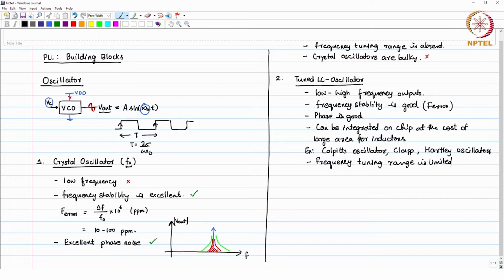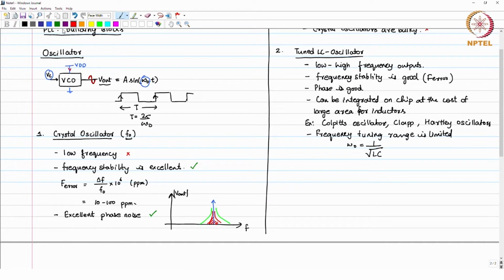Here the frequency tuning range is limited, and the reason is that the frequency at which it is oscillating is roughly equal to 1 over root of L and C. So, how much capacitance you can vary will depend on that, and there will be limitations on that also. You cannot vary the inductor that easily for an LC oscillator. As you see, in comparison to your crystal oscillators, the good part about this is that it can be integrated on chip.